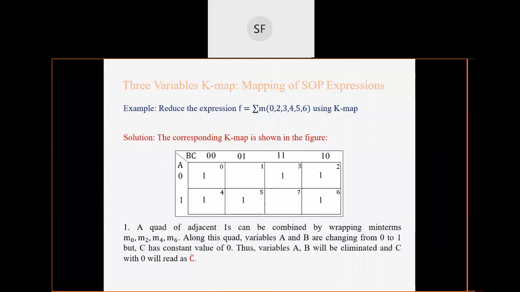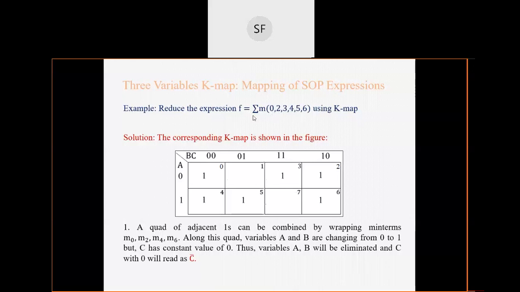Now first thing you have to observe is whether an octet is possible or not. What do you mean by octet? Can you group 8 ones in a single combination? No. Why? Because there are not actually 8 ones. If 8 ones are not present, how will you group them?